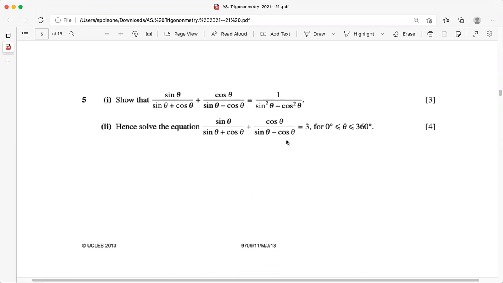So this is another question. I'm doing this question for A-level mathematics, and the topic is trigonometry.